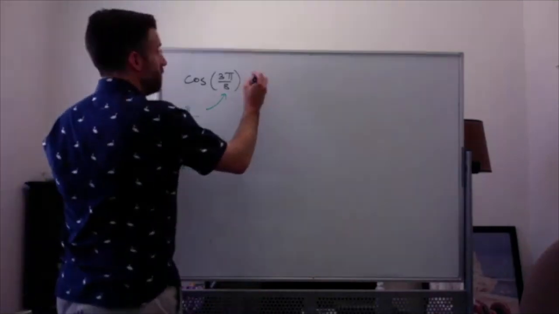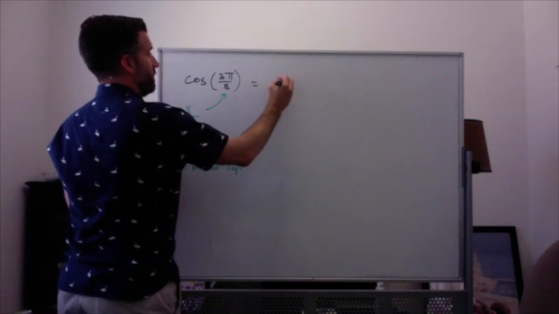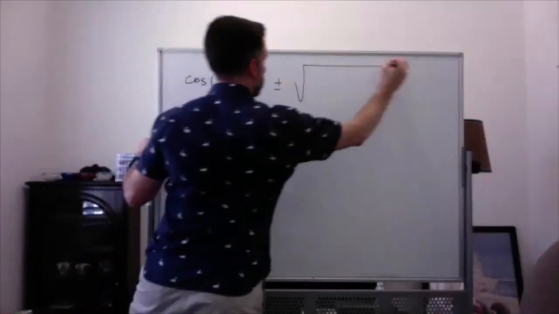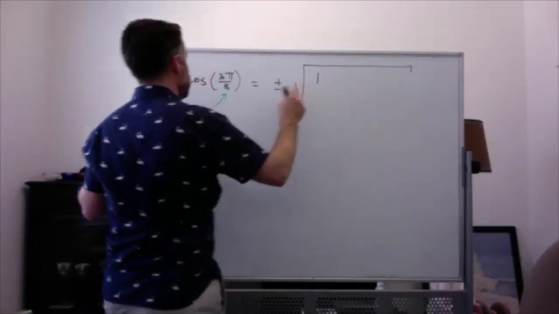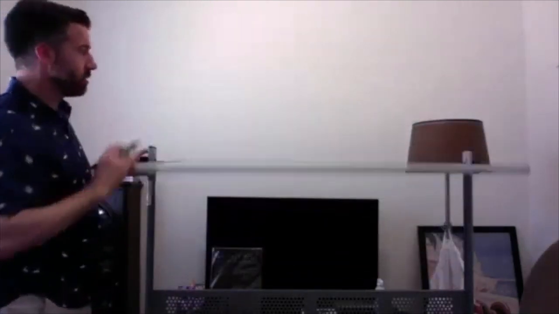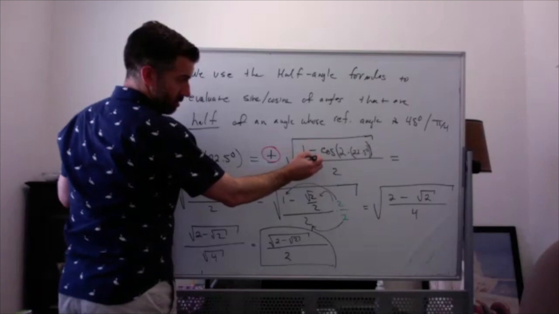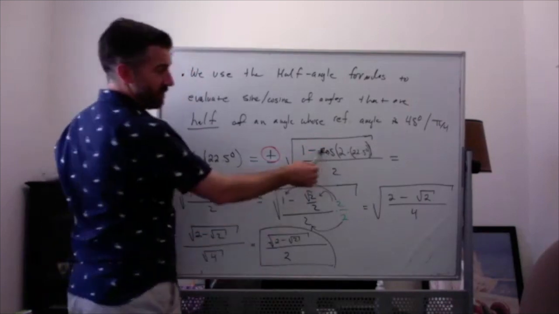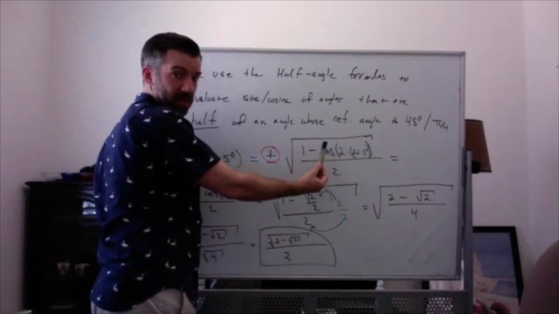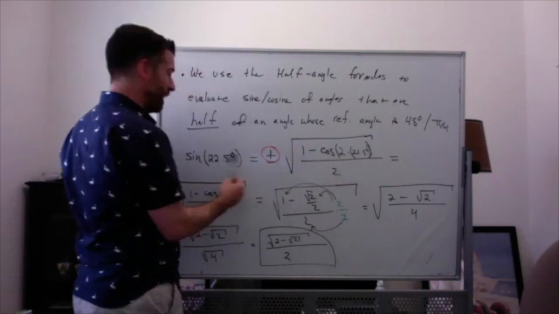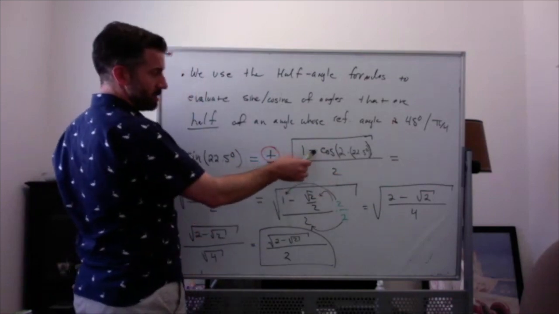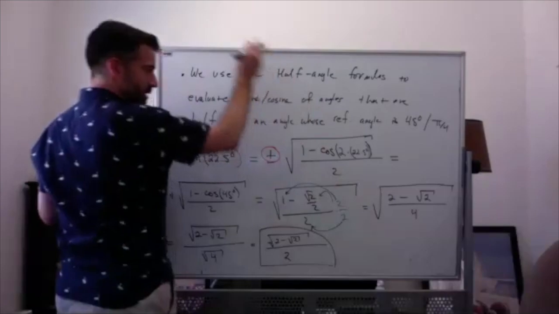So here, it's going to be plus or minus the square root of 1. Fun fact, when it's sine, you start off with a minus here. And maybe that changes if this angle is actually positive, if this trig function is positive. But for sine, the formula is 1 minus cosine of 2 theta inside the root.